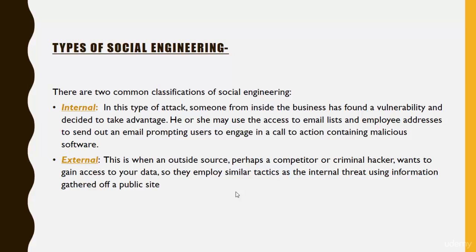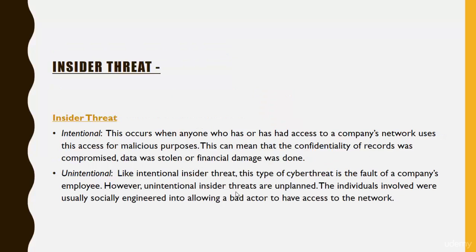External: this is when an outside source, perhaps a competitor or criminal hacker, wants to gain access to your data, so they employ similar tactics as the internal threat, using information generated off a public site. So these are two types of classification, internal and external.